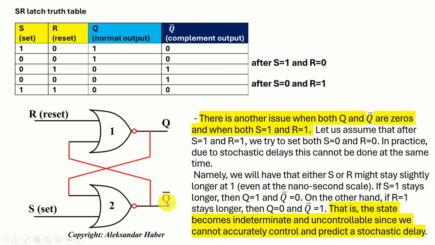That is, due to the stochastic delays, the state becomes indeterminate and uncontrollable since we cannot accurately control and predict a stochastic delay and we don't know where our system will go. Maybe, for example, after we have 1, 1 and then something happens, there's a small delay, we might go to 1, 0 or 0, 1. And that's why we should avoid this case over here. This is very important to keep in mind.